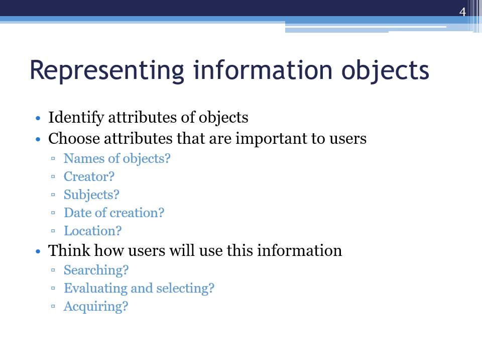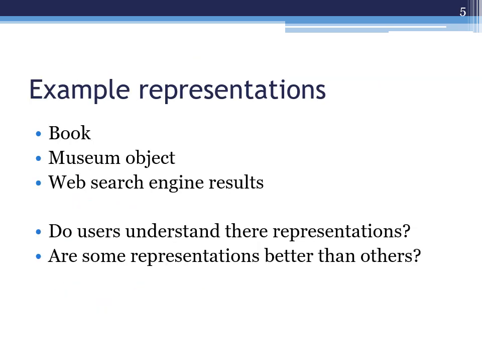Normally, we have representation from an information object, like the title of the object, the creator, subject, date of creation, and location. But you need to think about how users will use this information. Do they search, or do they want to evaluate or select? And do they want to obtain? There are many representations in current systems.